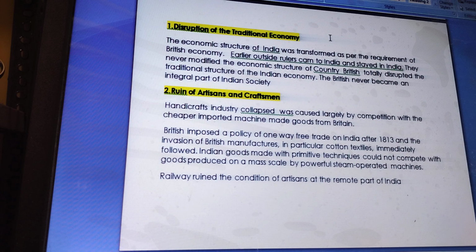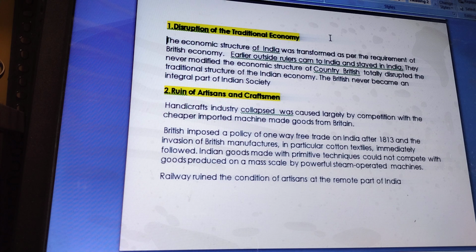Initially the British came as traders. After the 1750s policy of war, they collected land revenue, exploited it, purchased the products and sold them in all of India, their own market.